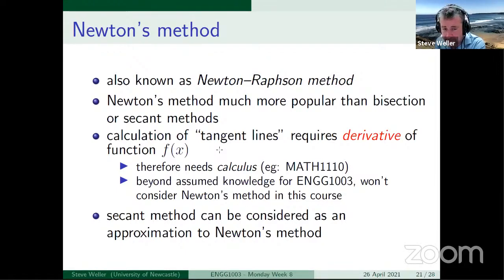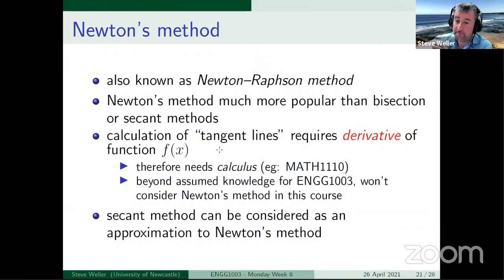And the final dot point there is that you can think of the Secant method as an approximation to Newton's method. The difficulty with Newton's method is that it needs the knowledge of what's called the derivative of the function. So in fact, Newton's method needs two functions. It needs the function we start with, the one we're trying to find the solutions of, and it requires the derivative of that function.